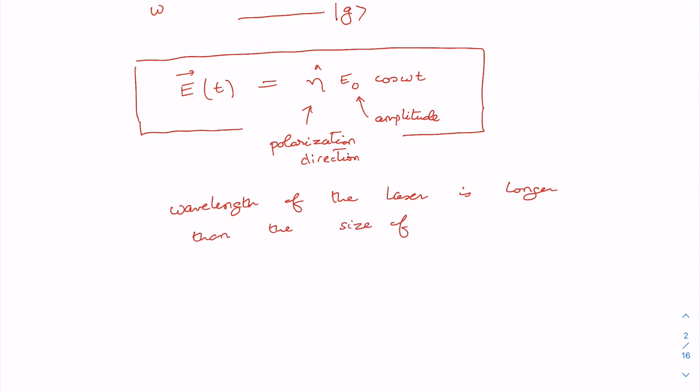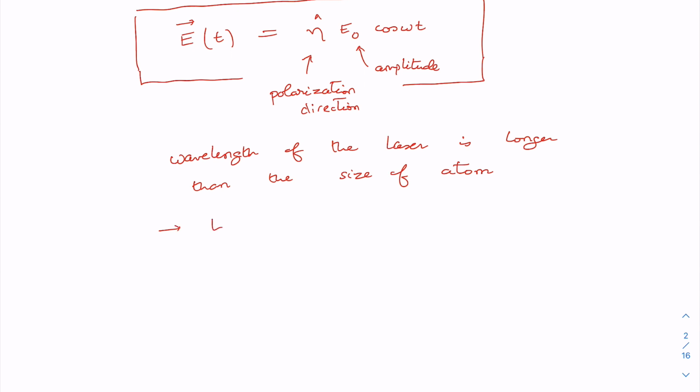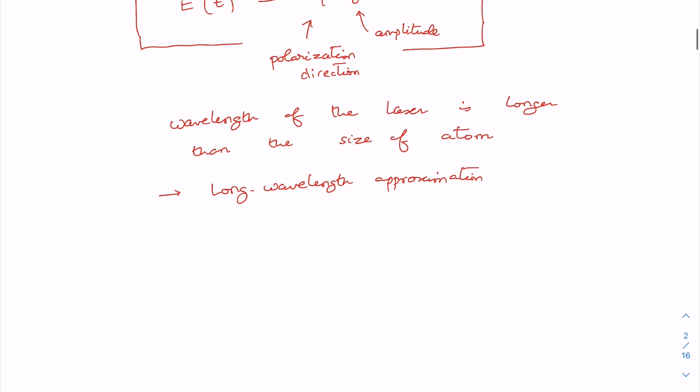This approximation is known as the long wavelength approximation, and more famously it is known as the dipole approximation.